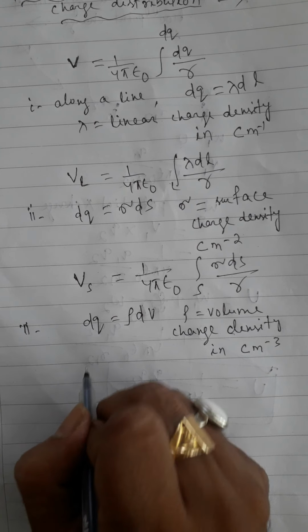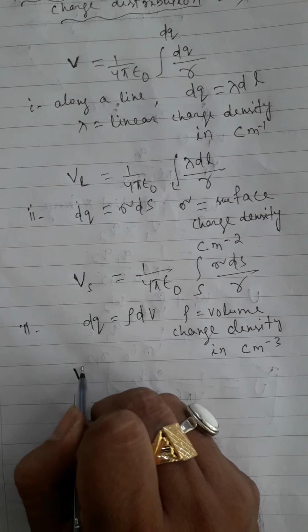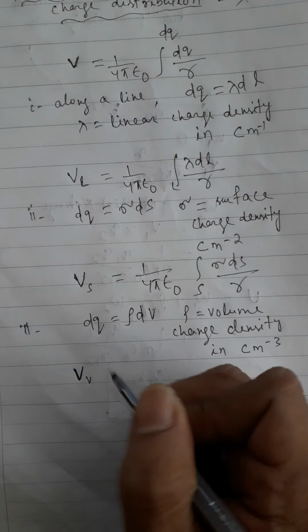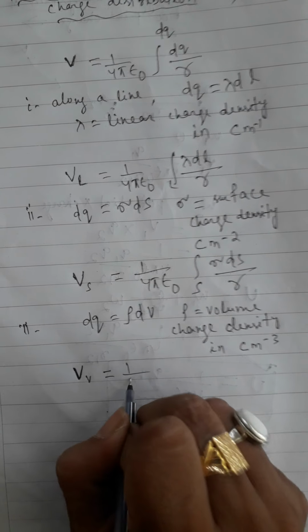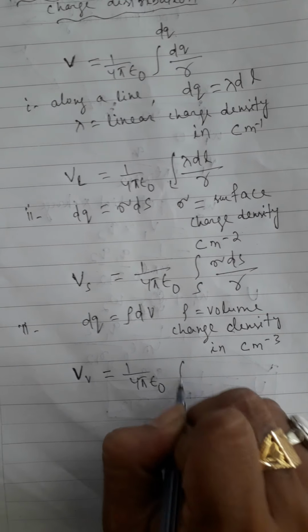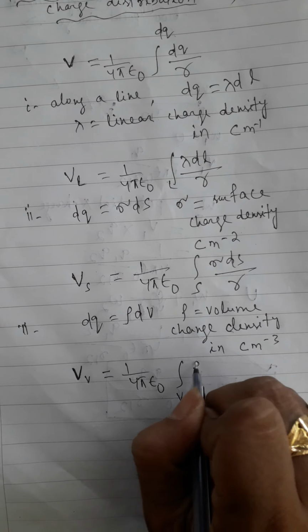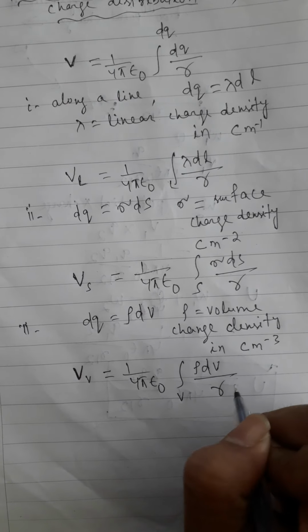So the potential due to this volume charge density will be 1 by 4 pi epsilon r, integration of rho dv divided by r.